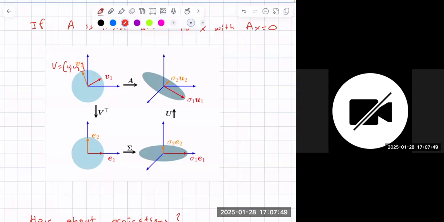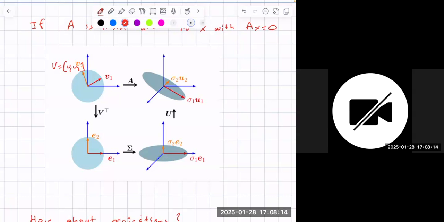It's sending it to sigma 1 much stretched, but you don't get V1 times sigma 1 because it's not literally diagonalization. You get sigma 1 times another vector U, okay? So this U and V tells you the axes where your matrix is doing either the most change or the little change. This kind of literally tells you what the matrix is doing, okay? I don't know if it answers your question, but I tried my best approximation.